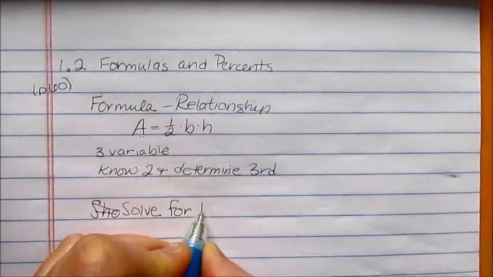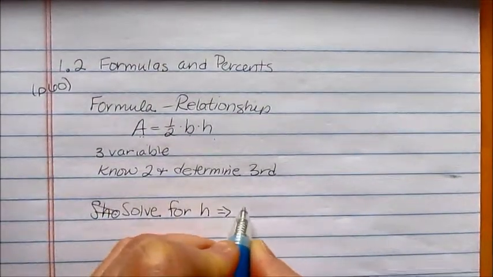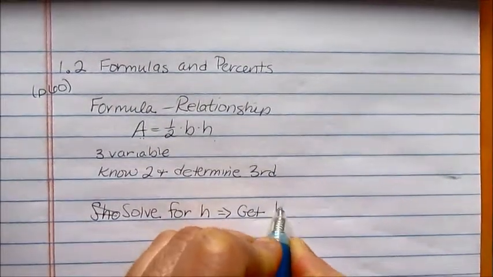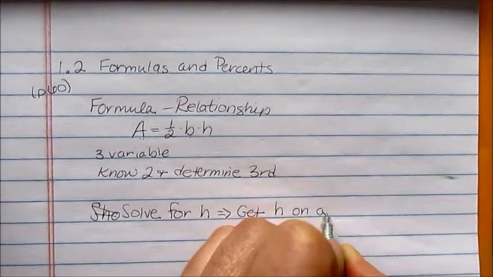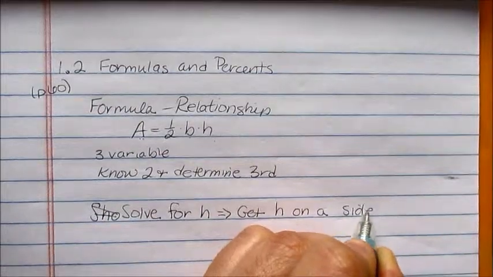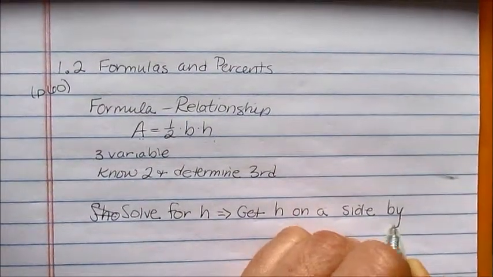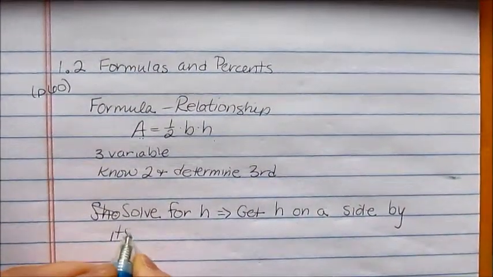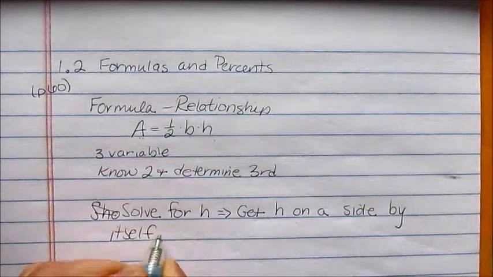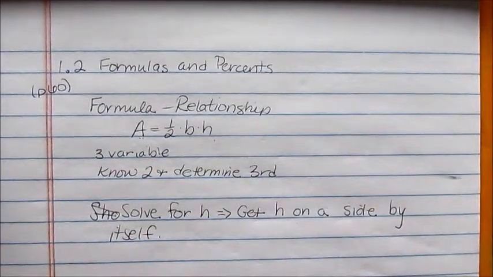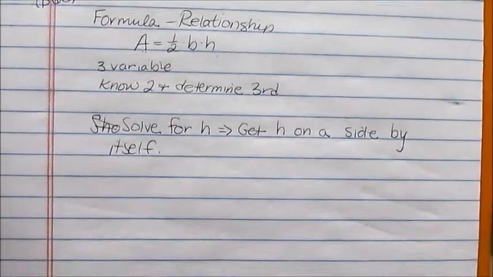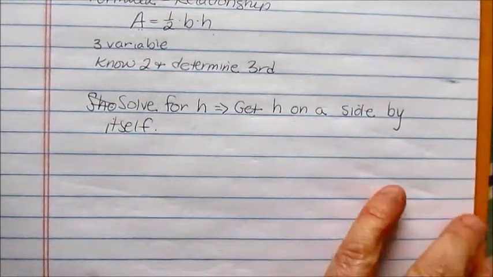Solve for h, which means get h on a side by itself. You can pause this lecture if I'm going too fast for you. Again, you could also take a look at the book.